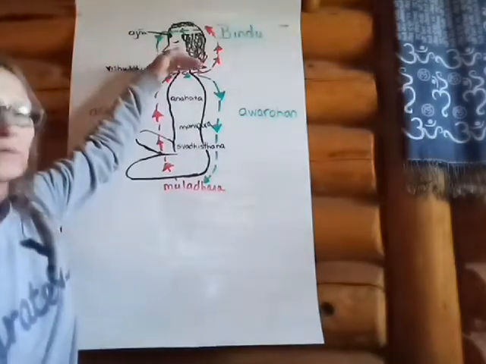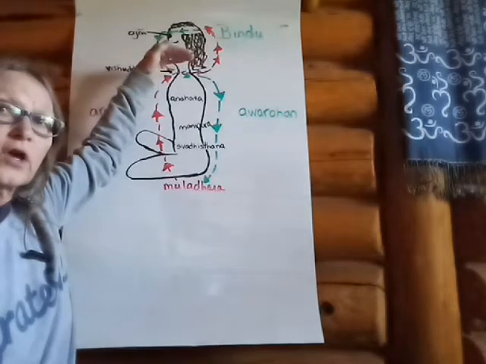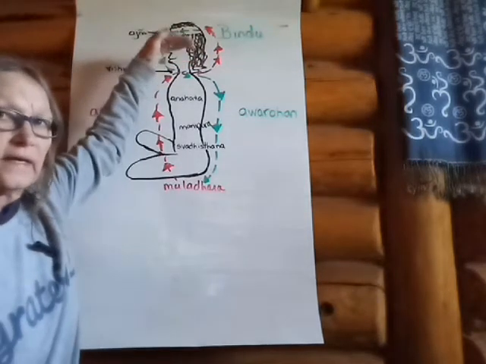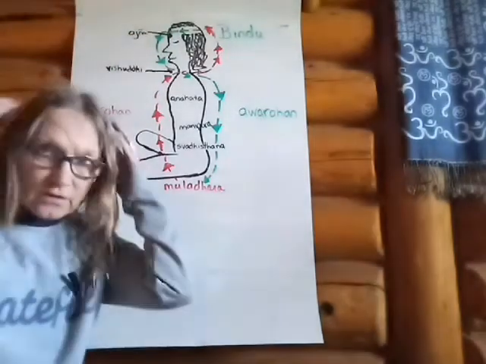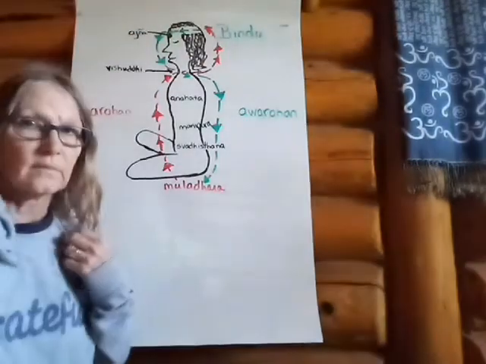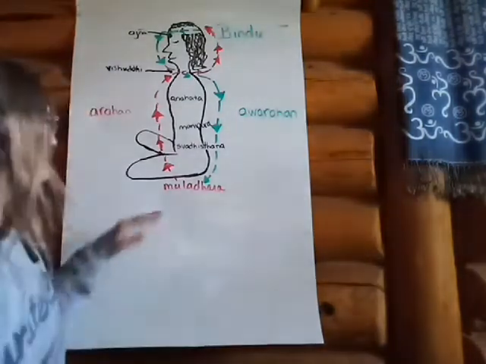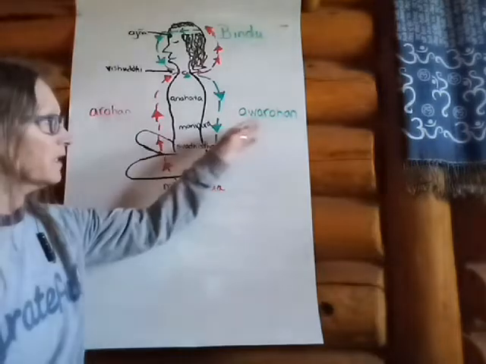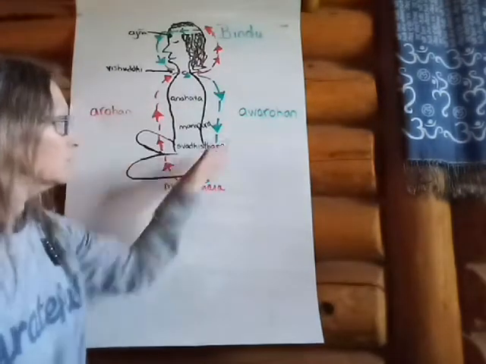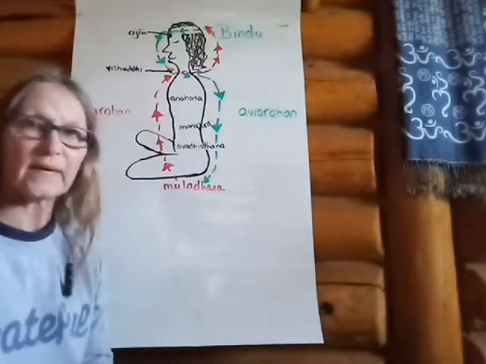This is a point where the chakras no longer are in the spine, like at the throat they are, but beyond that, then the chakras are in the subtle body of the brain. So Arohan is your upward passage, and Awarohan is your lower psychic passage.